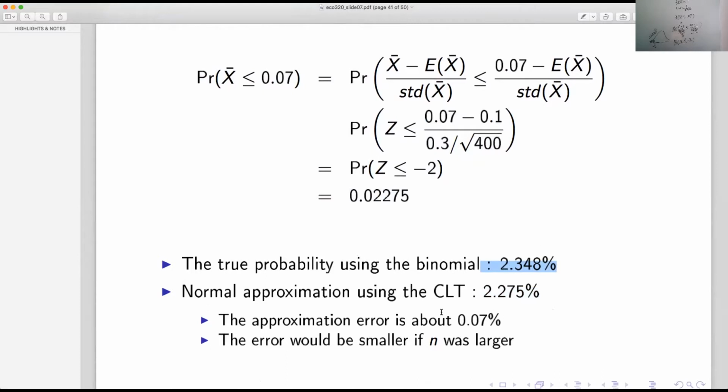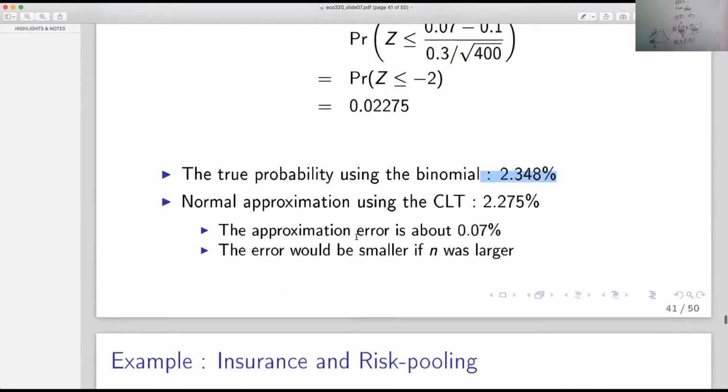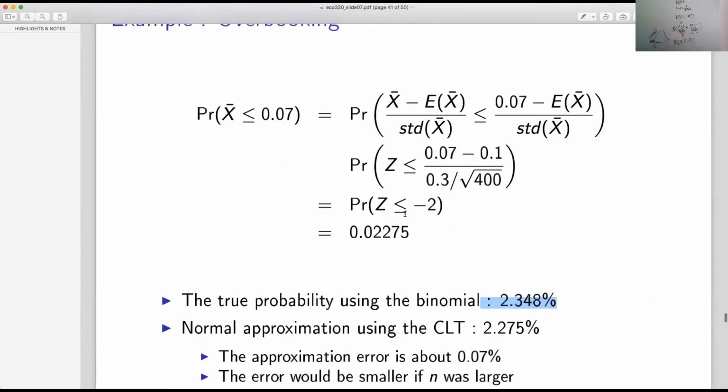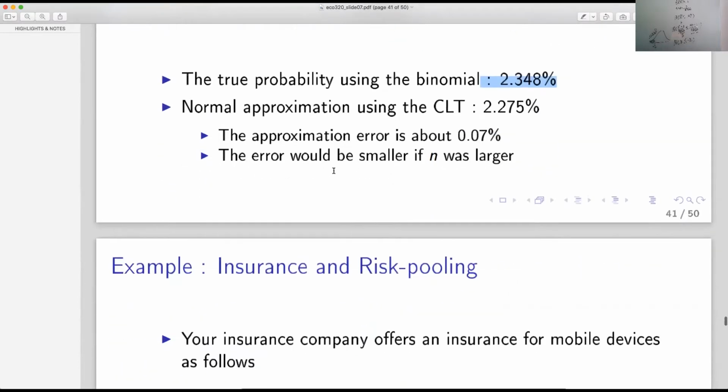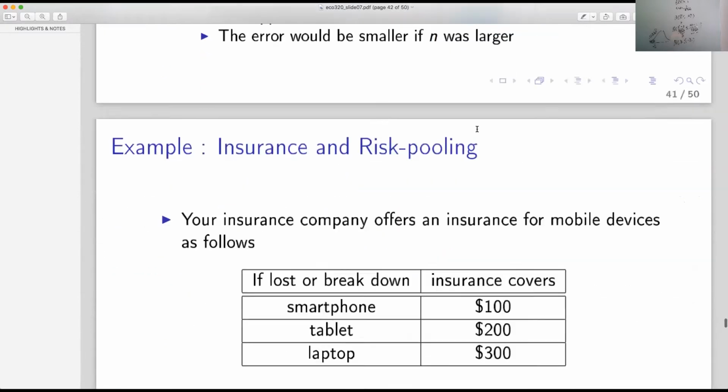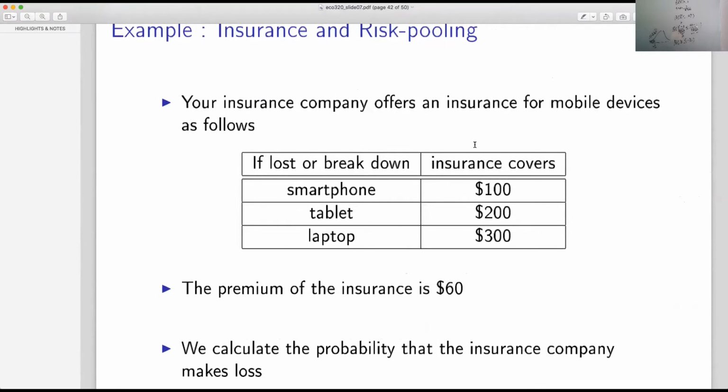So that means as the sample size is high, instead of using the binomial distribution, by the central limit theorem you can use the normal distribution, because the normal distribution is usually much easier, okay? So the error would be much smaller if n is large. This is the error, but it shrinks to 0 if n is really large.